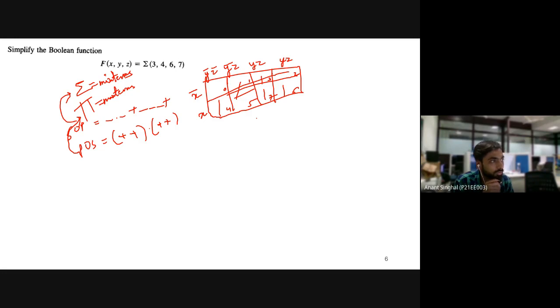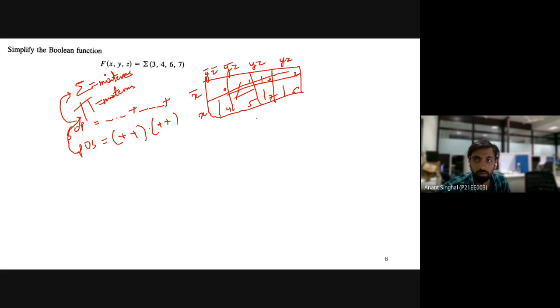Okay, x bar yz is not even 1 in this. Others, please check your answer. Then Latha is also saying the same as Pawan. Okay, we have got another answer. Ashwani has said yz plus xyz bar. Okay, we'll check if Ashwani is correct or not.